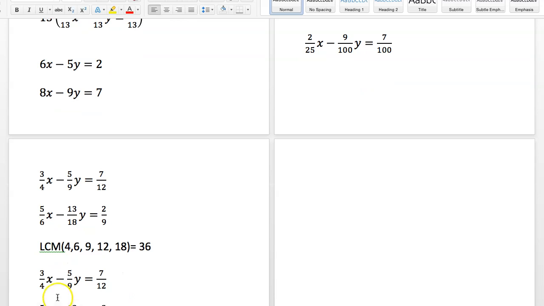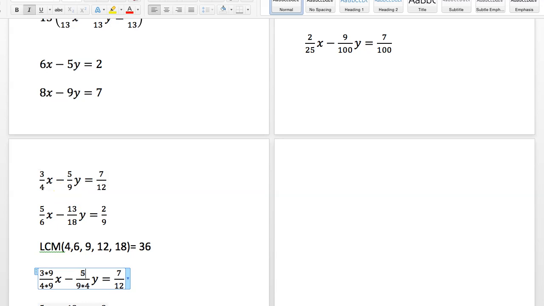To transform 4 into 36, you have to multiply by 9. But if you multiply the bottom by 9, you have to multiply the top by 9 as well. Down here, we already had 9, so now we multiply by 4.